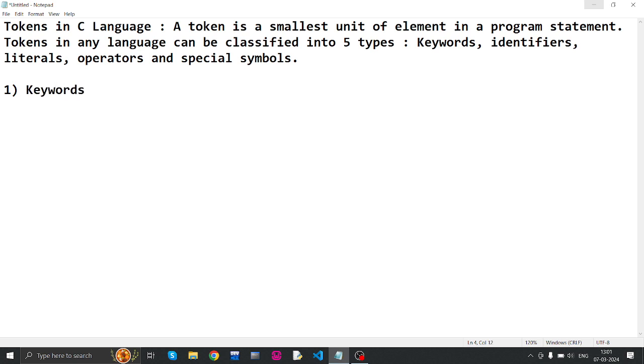The first set of tokens we call keywords. Keywords, we also call them reserved words. So what are they? Just observe the room where you are sitting.